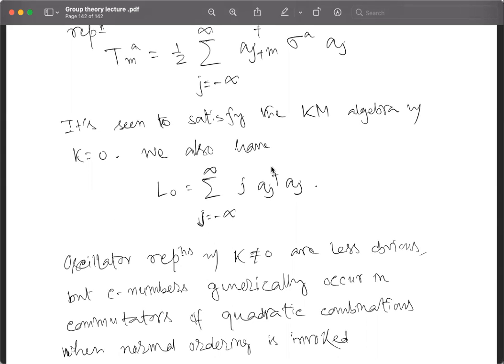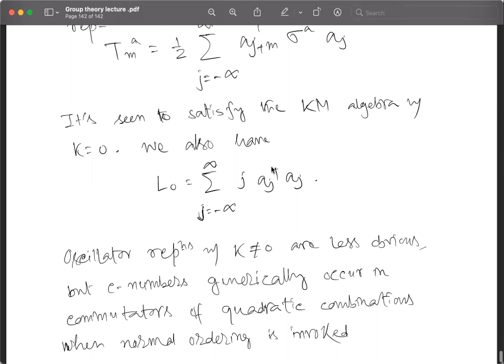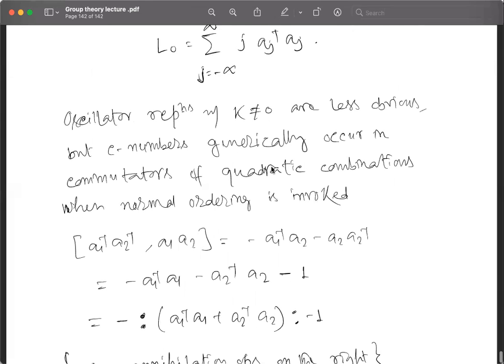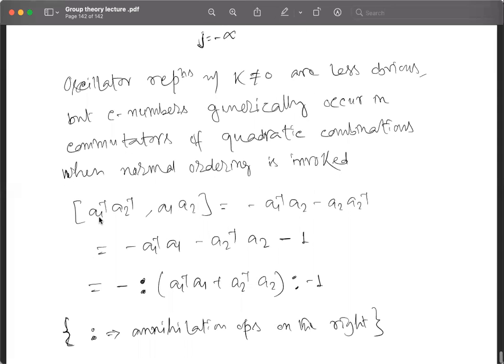Oscillator representations with k not equal to 0 are less obvious, of course, but c-numbers generally occur in commutators of quadratic combinations when normal ordering is invoked. So, in field theory, in normal ordering, the annihilation operator will always appear on the right.